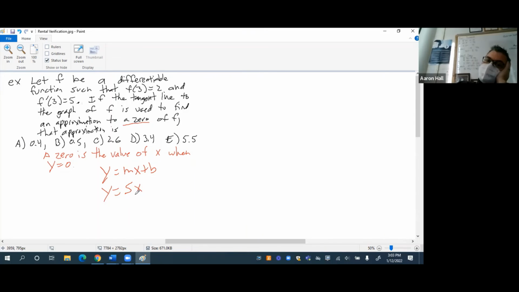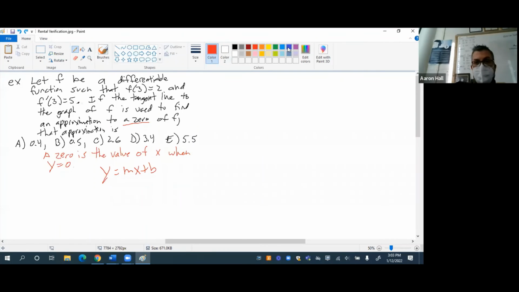I got 13 because I plugged in our y value, which is 2, and your x. Sounds like you're ahead of us, so that's fine. So we're going to plug in these values. Where did you find that y is 2? Because we've got f of 3 equals 2. Yeah, that tells me when x is 3, y is 2.